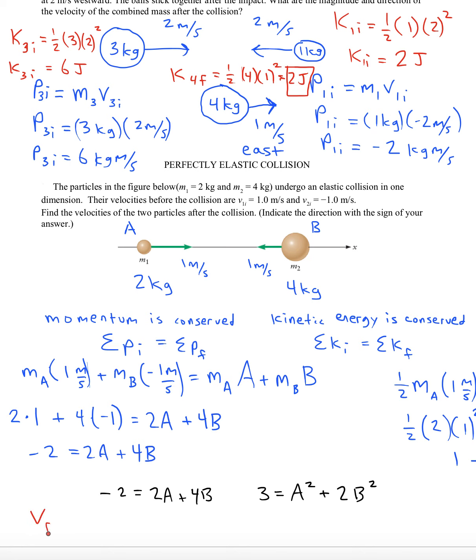So V final for A will be -5/3 meters per second, which is approximately 1.67.